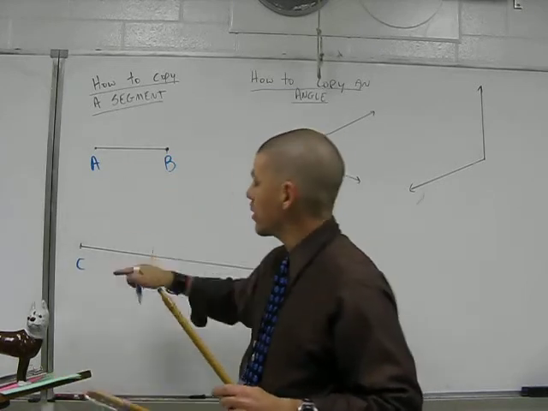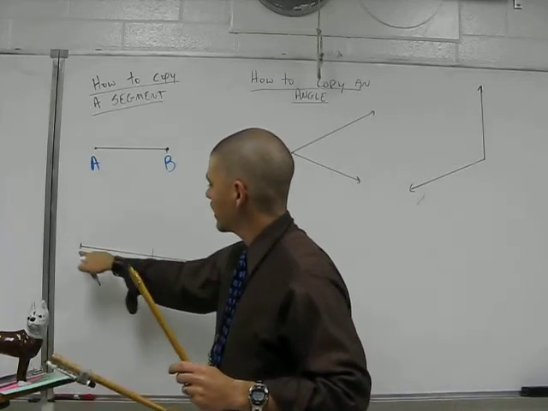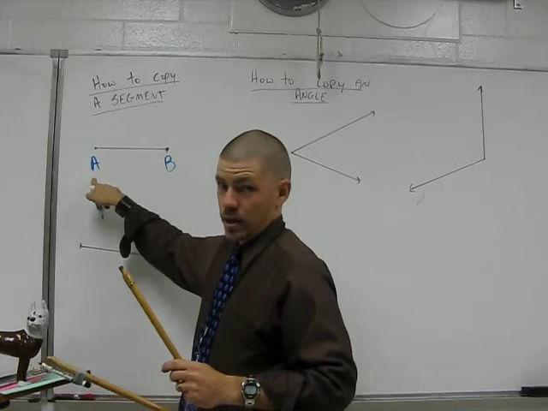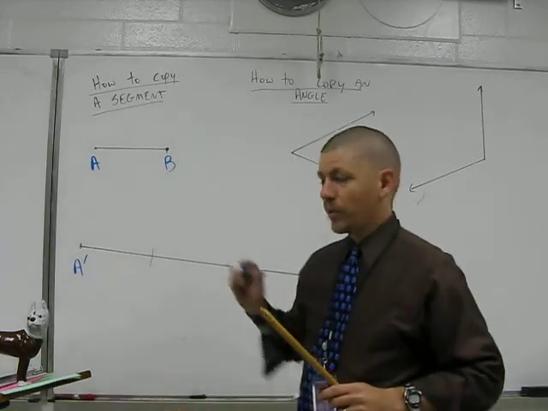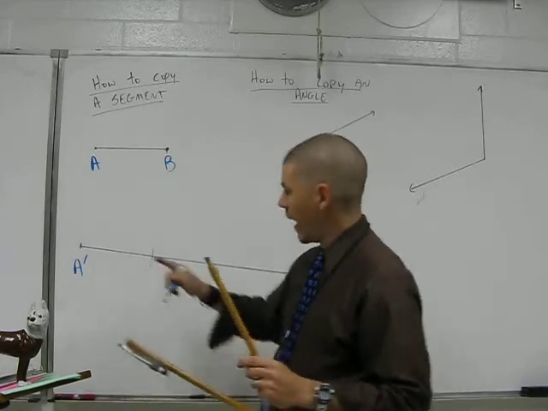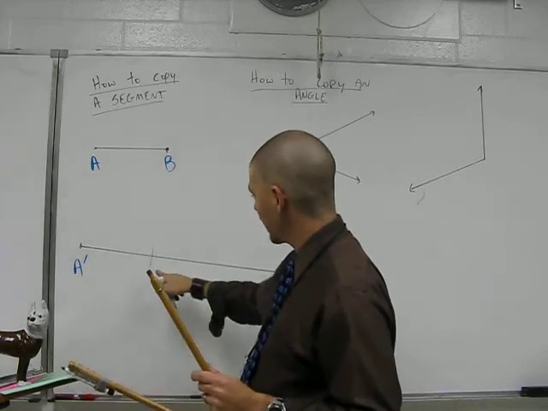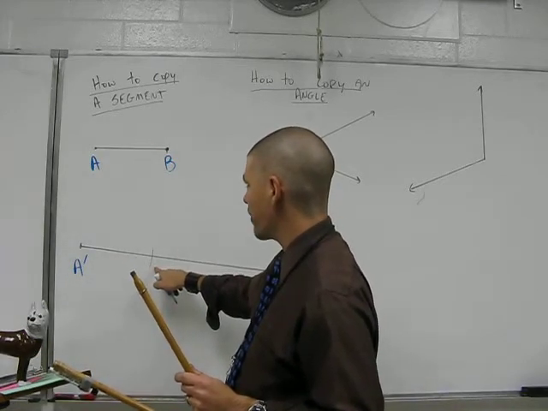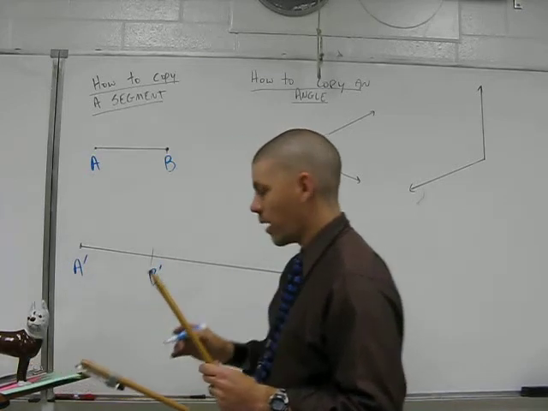I need to show that this point came from the A, so I call it A prime, with a little apostrophe above it. And this point came from the B, so it's called B prime.